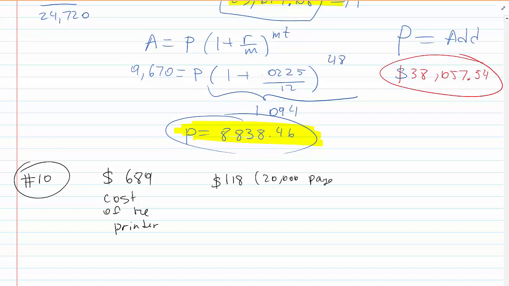Okay. And you will be printing 25,000 pages a month, right? The maintenance is monthly. The maintenance is 109.